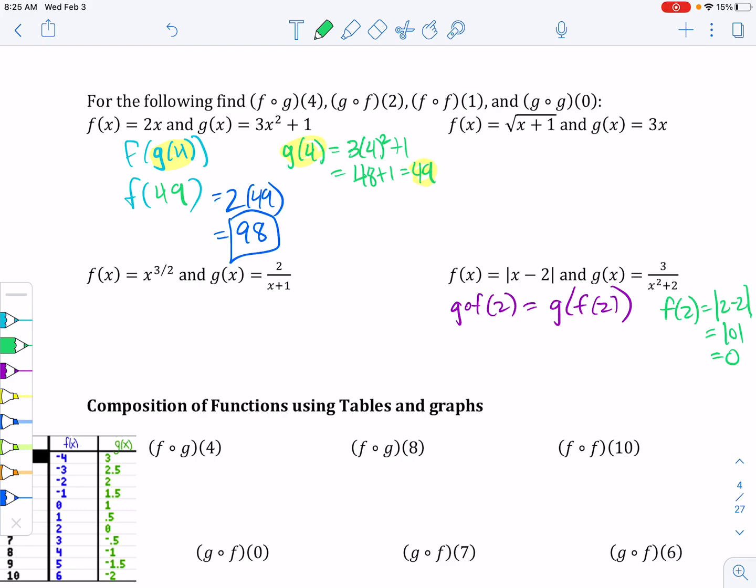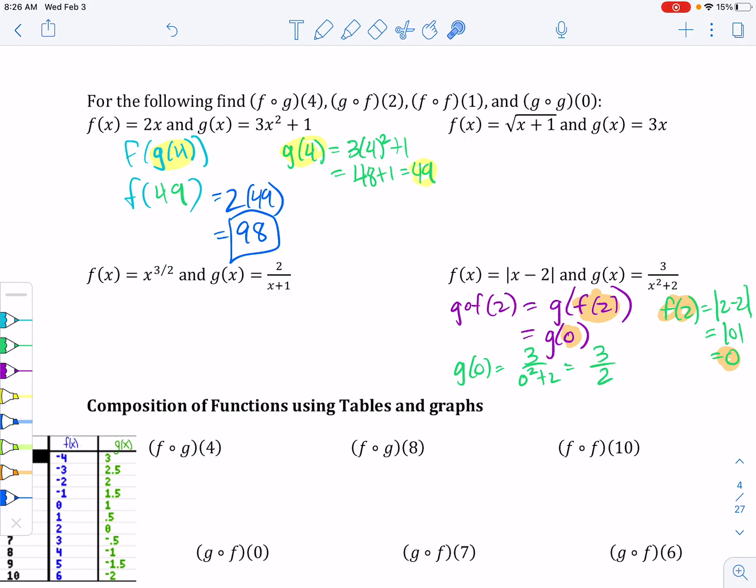So f of 2 is really 0. In place of f of 2, I'm going to write 0. Then I can find g of 0. Well, g of 0 means that I'll do 3 over 0 squared plus 2, which is 3 over 2. So our g of f of 2 is really 3 halves.